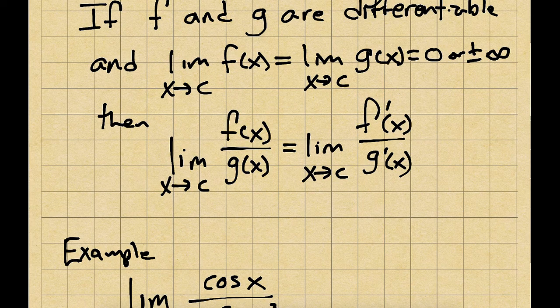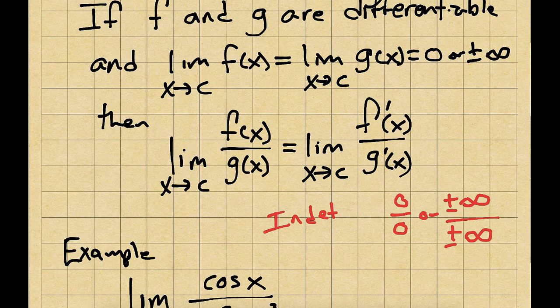So you really have to figure out whether these limits go to 0 over 0 or infinity over infinity. These are the indeterminate forms that we're looking for. You never want to say that they're equal to those because they're indeterminate; you just evaluate them off to the side.